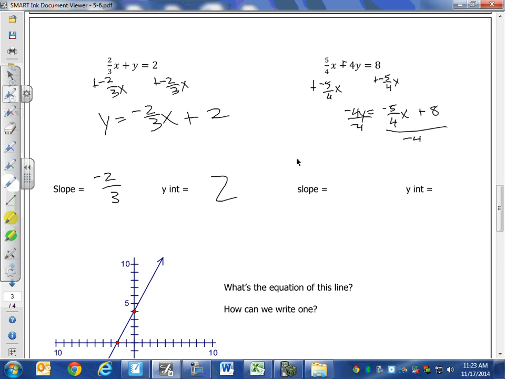Giving me y equals, I need to figure out what 5/4 divided by negative 4 is. I know that 8 divided by negative 4 is negative 2. That's my y-intercept. 5/4 divided by negative 4 is the same as 5/4 divided by negative 4/1, or negative 5/4 times 1/-4.